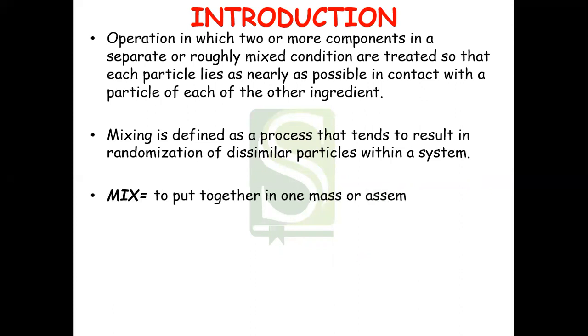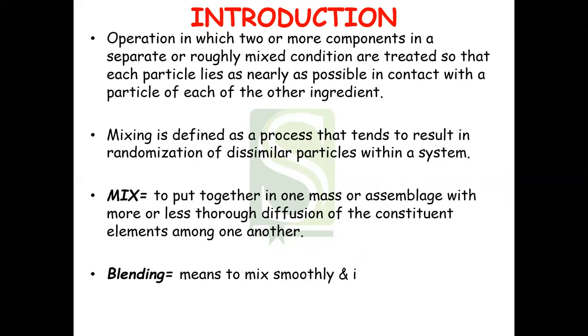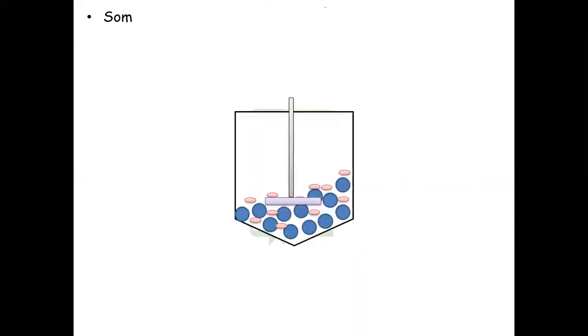So to mix is to put together in one mass or assemblage with more or less thorough diffusion of the constituent elements among one another. And blending means to mix smoothly and thoroughly so that it becomes inseparable.